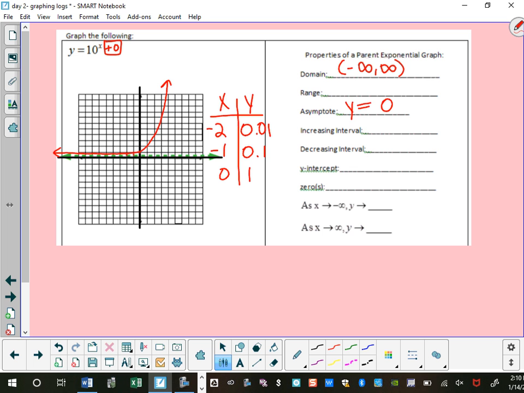Your asymptote is either a floor or a ceiling. If it's a ceiling, that means it's the top of your graph. If it's the floor, it's the bottom. Will this be a floor or ceiling? Floor. So let's start here. So my range is from 0, and I'm going up to where? Infinity. Let's leave our parentheses.